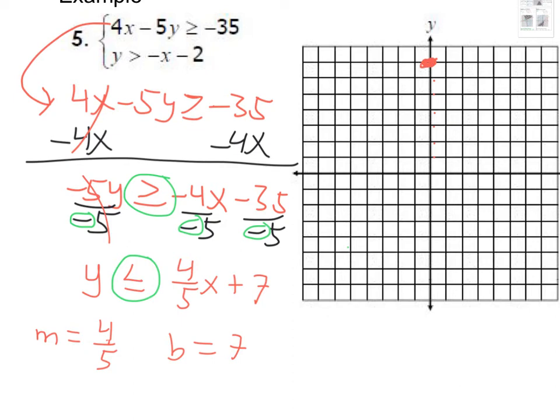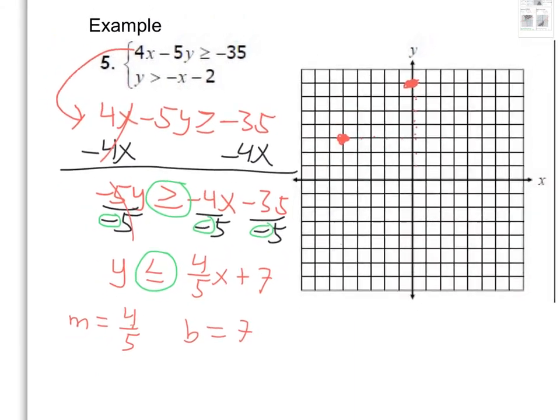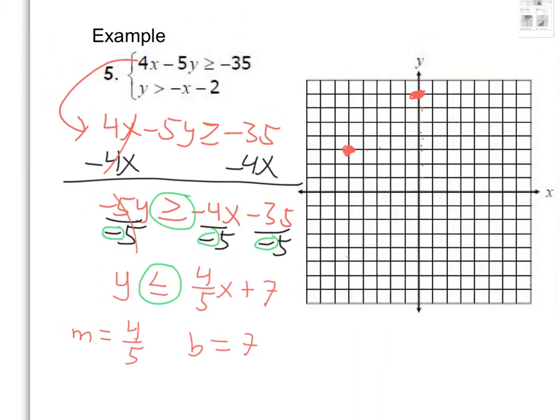Well, if that's positive 4, positive 5, rise over run, I'm going to go up off the graph, so we have to go the other way. So instead of up to the right, we can go down 1, 2, 3, 4, 5 to the left, and it looks like that's all I can graph here. Do I need to draw this as a dashed line or a solid line?